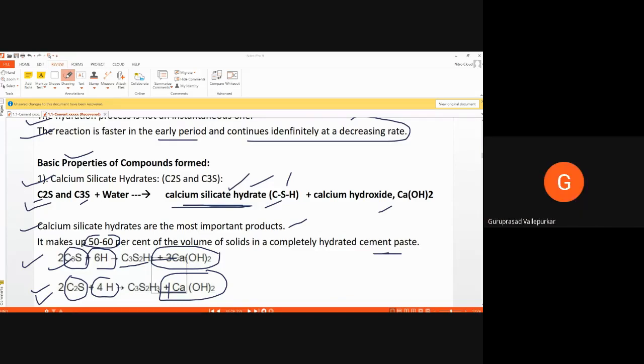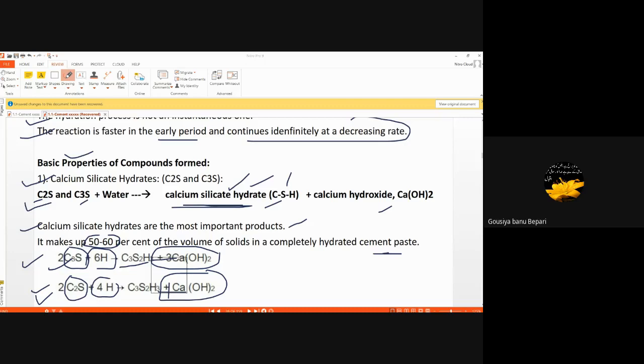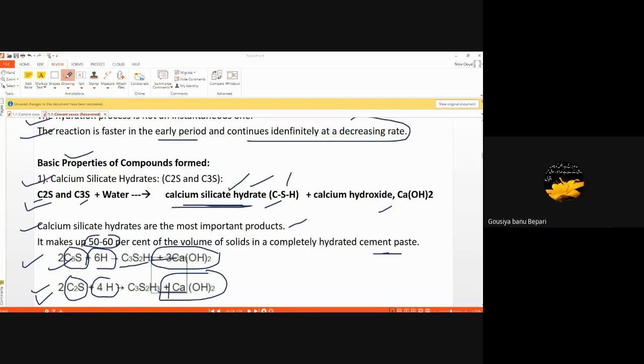Gausia, which product is good and why? Dicalcium silicate product is good because it consumes less water for the same strength and it gives a less harmful product.